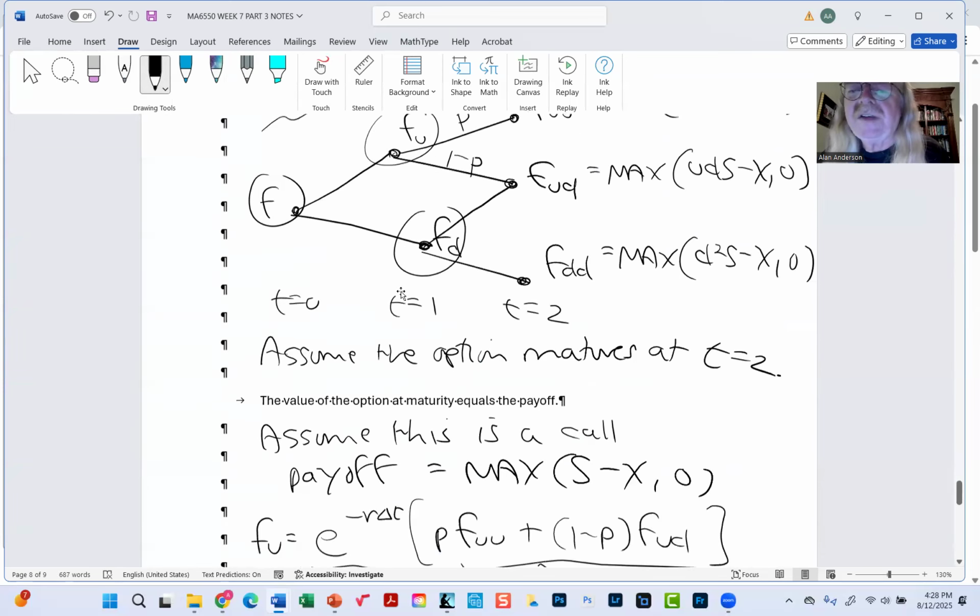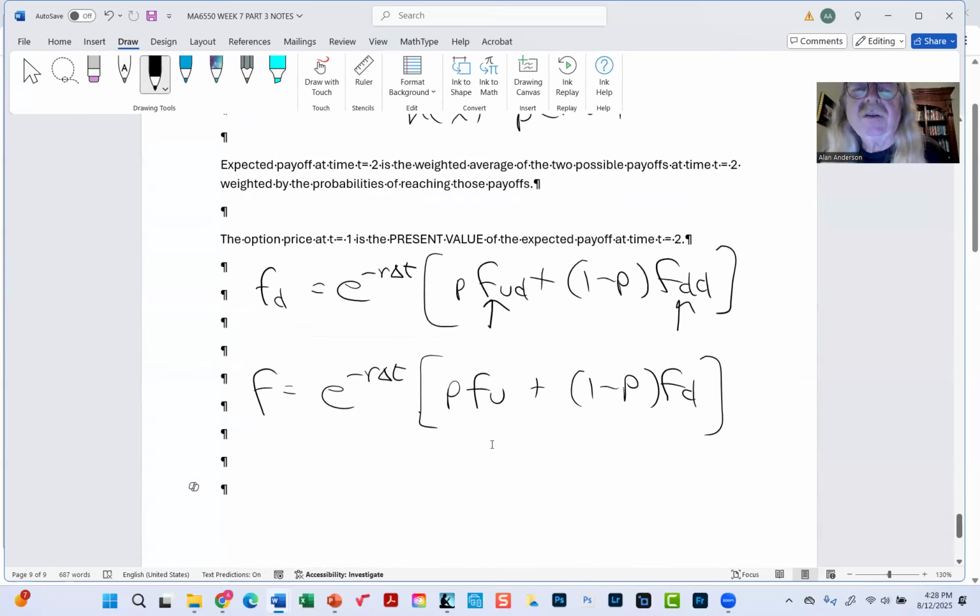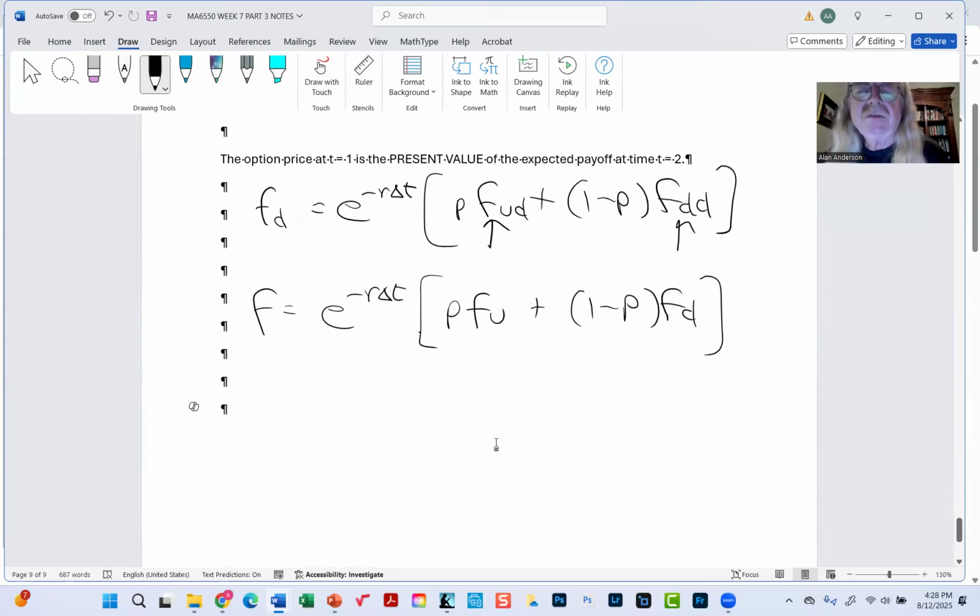So that's where we're going to get this value from. And so this is the final result. You can see there's a lot of calculations going on here, a lot of calculations. But this is the final result.